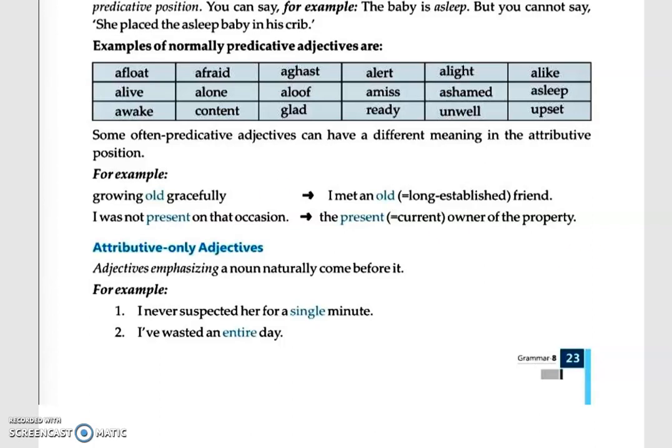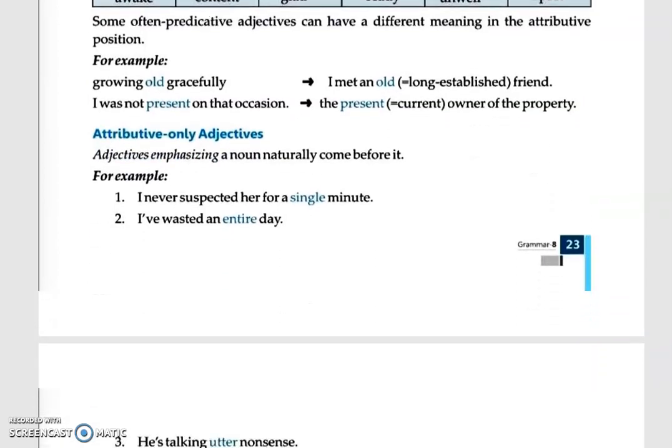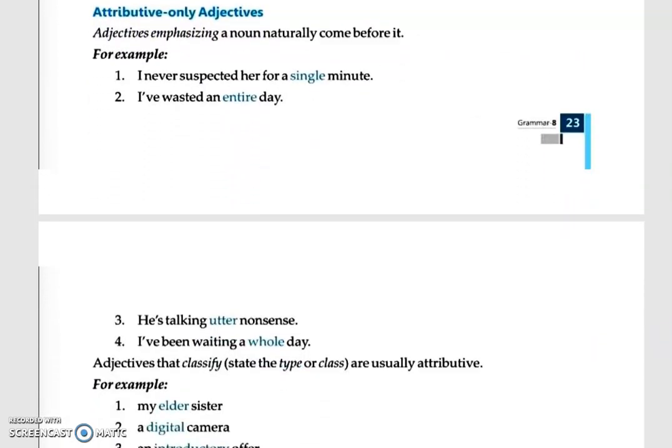Now we have what is called the attributive only adjectives. This means the adjective is emphasizing a noun naturally coming before it. It is giving information about the noun that is after it. This is how you can categorize all the different positions, whether it comes before the noun or after the noun.